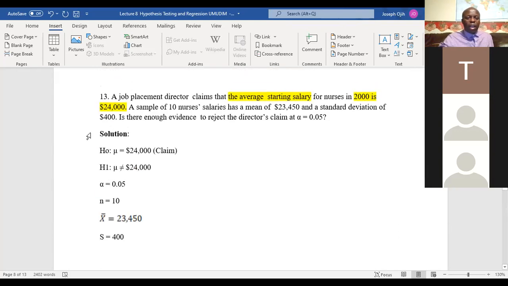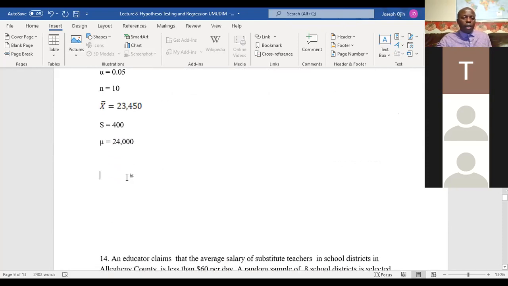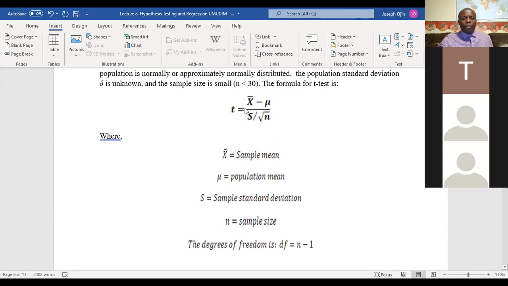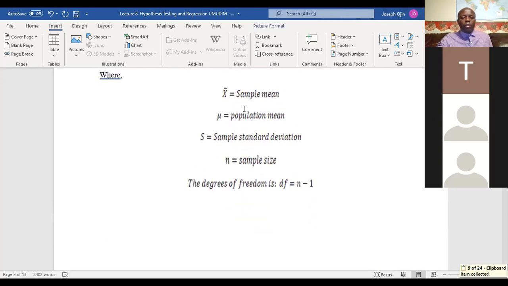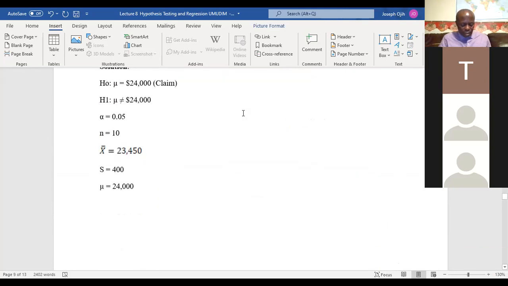So I'm going to move this down so we have enough room to solve this. Now we can run the test using the test statistic formula, which is this one here. Let me write all the numbers down so we can plug them in. The population mean is 24,000, the sample standard deviation is 400, and the sample size is 10.